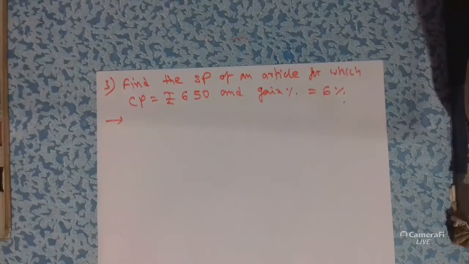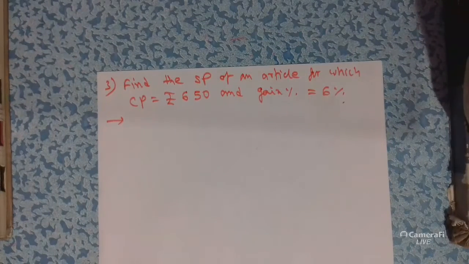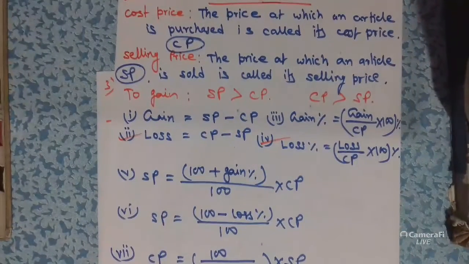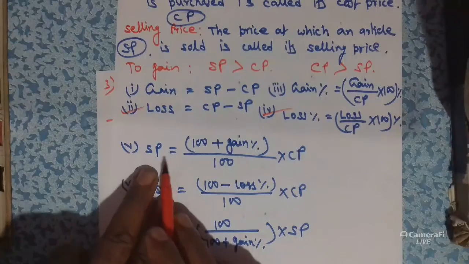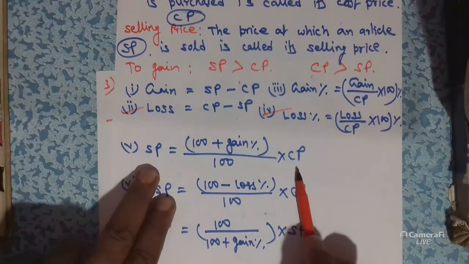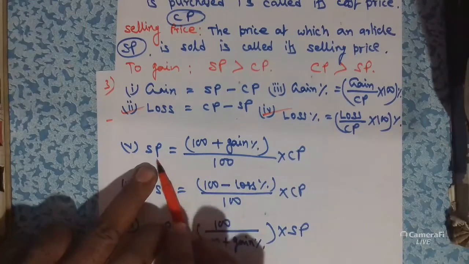So here in this problem, students, cost price and gain percent are given. So here we have to find the SP. So we must use this formula. Here you can see that in this formula gain percent and cost price are given and we have to find SP.